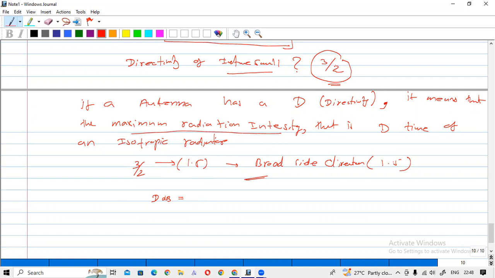It is a ratio, 3 by 2 here, so you can represent it in dB. What you have to do is take 10 log 10 of the D value, and you will get the dB value. So sometimes directivity is given in dB also.